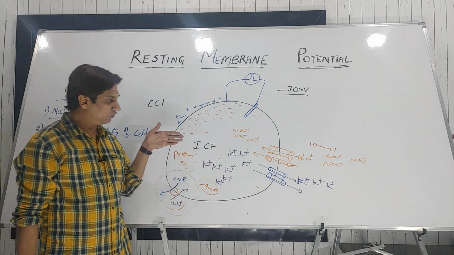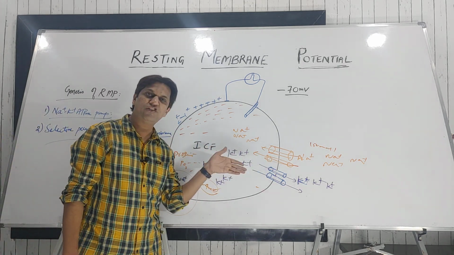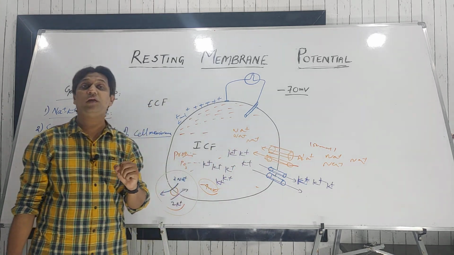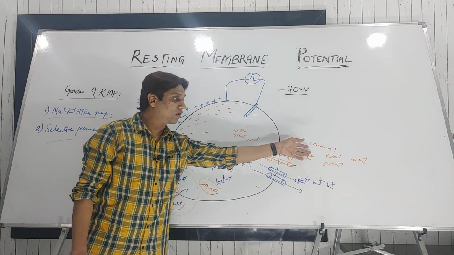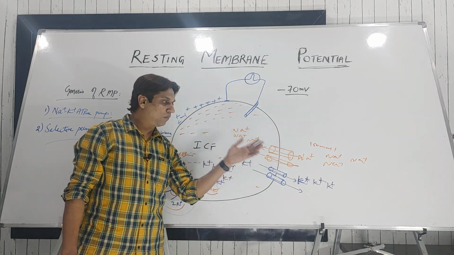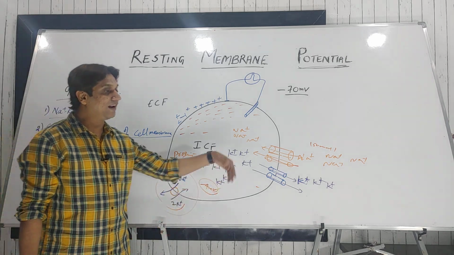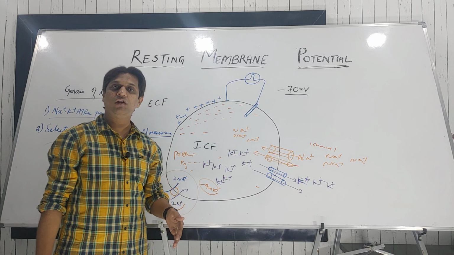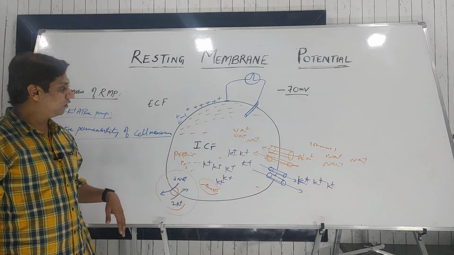So because of this selective permeability, more positive charge is going outside and only a small amount of positive charge is coming inside, though there is a higher concentration of sodium there. Potassium is more permeable than sodium, so that is the second reason why there is negativity inside, because of the selective permeability of the cell membrane.